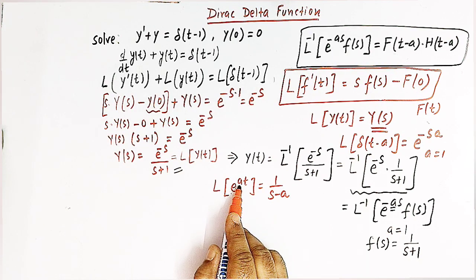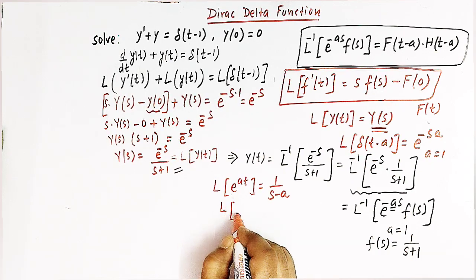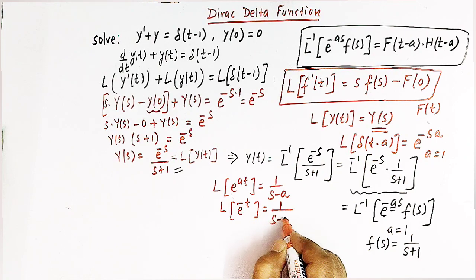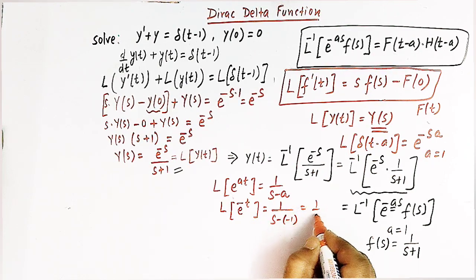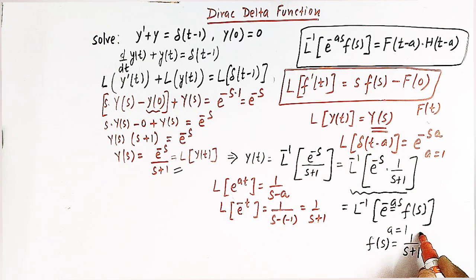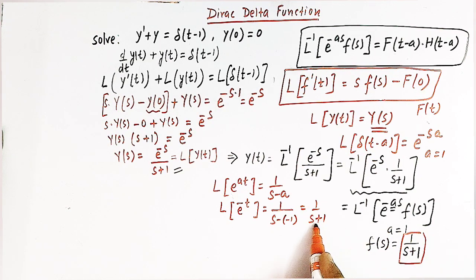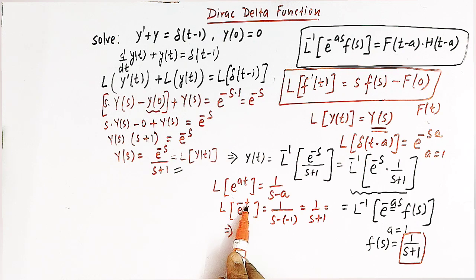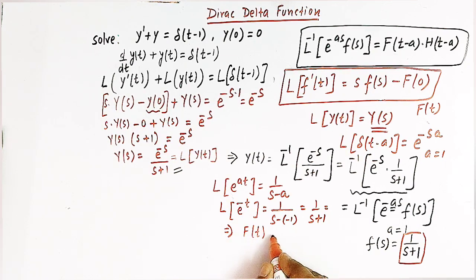If we take a equal to minus 1, then the Laplace transform of e raised to minus t is given by 1 over s minus minus 1, that is 1 over s plus 1. So this is the Laplace transform of e raised to minus t, and the function f of t is e raised to minus t.